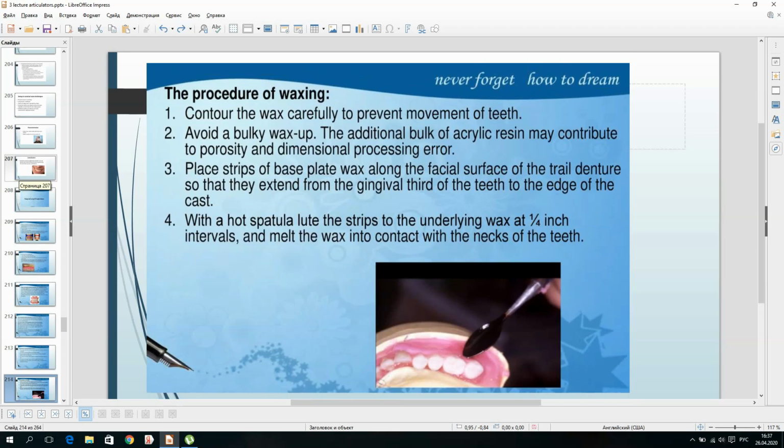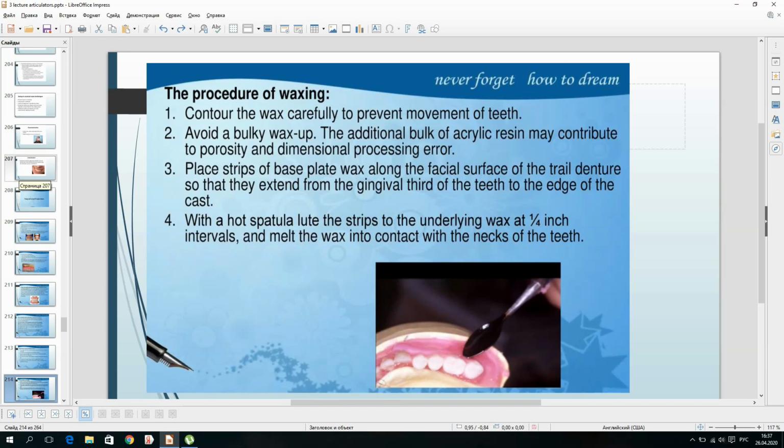Contour the wax carefully to prevent movement of teeth. Avoid a bulky wax-up. The additional bulk of acrylic resin may contribute to porosity and dimensional processing error. Place strips of base plate wax along the facial surface of the trial denture so that they extend from the gingival third of the teeth to the edge of the cusp.